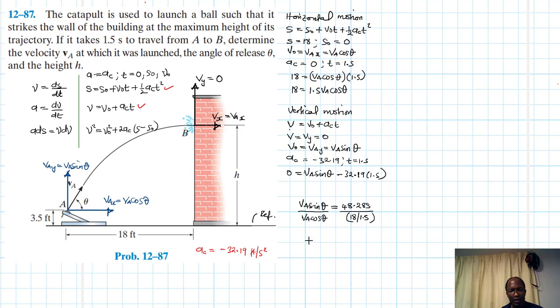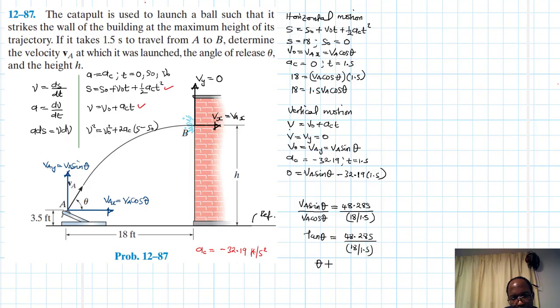Therefore this gives us tan theta is equal to that. So tan theta is just equal to 48.285 divided by 18 divided by 1.5.